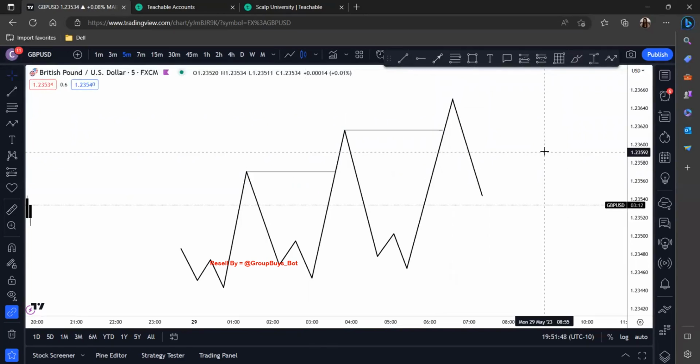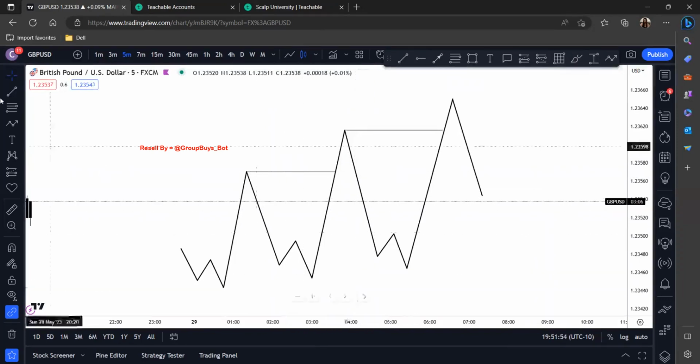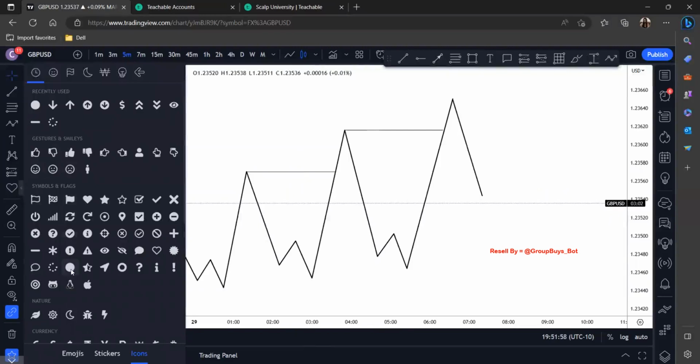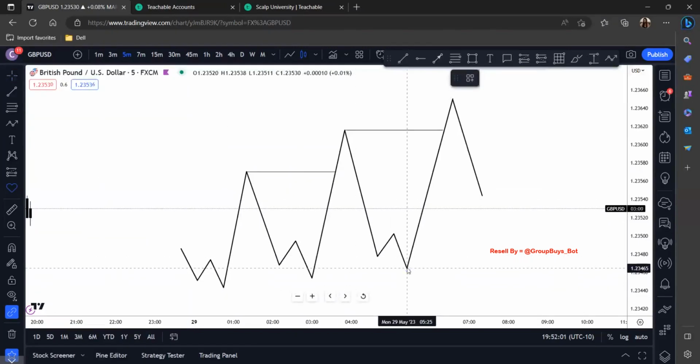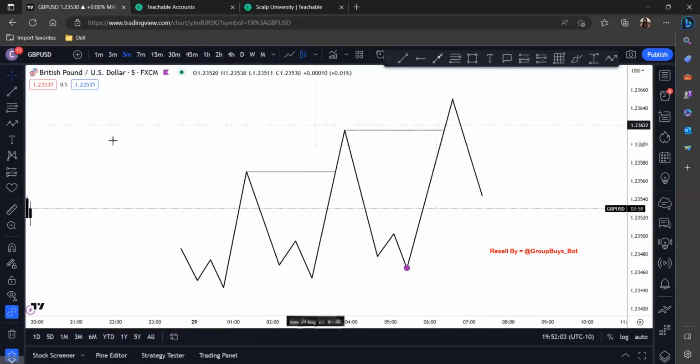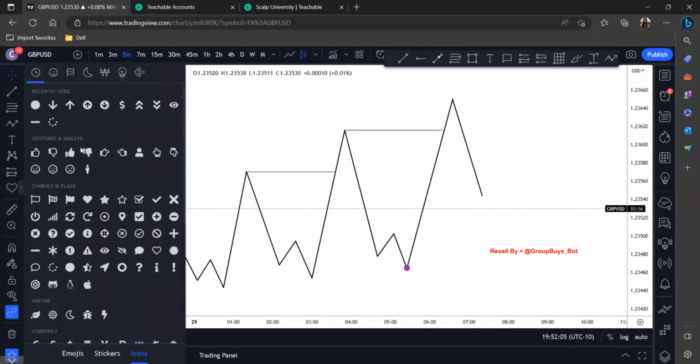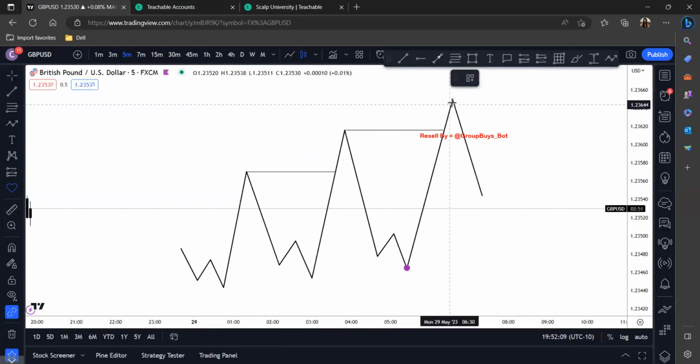Just looking at this structure, our current trading range would be from this low to this high, right?